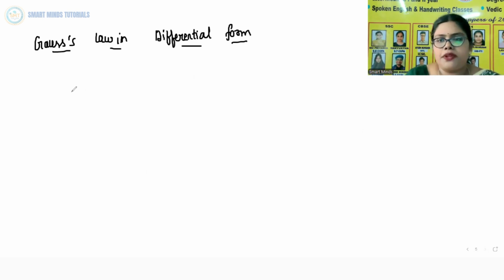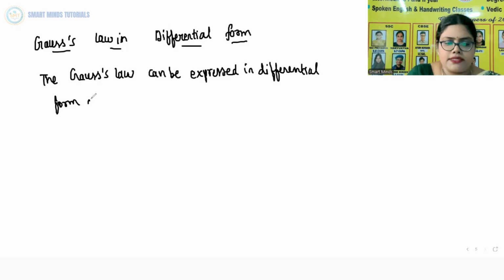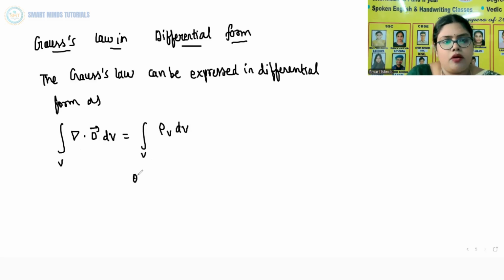Now let's see how to express Gauss law in differential form. The Gauss law can be expressed in differential form as integral del dot D bar dv is equal to integral rho v dv, or you can write del dot D bar is equal to rho v.